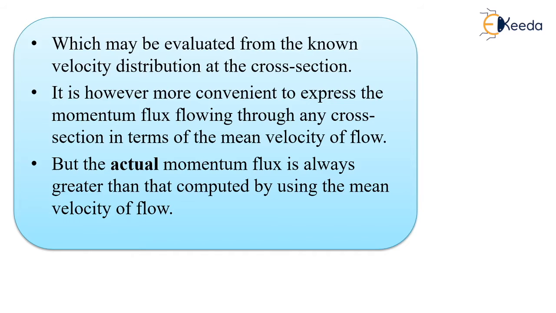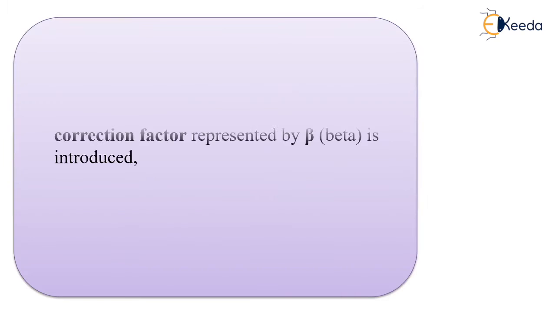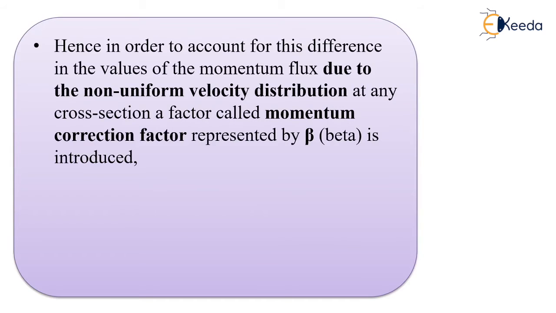Now, it is necessary to convert the momentum flux based on the mean velocity into the actual momentum flux. Hence, in order to account for this difference in the value of the momentum flux due to non-uniform velocity distribution at any cross section, a factor is introduced, called the momentum correction factor.